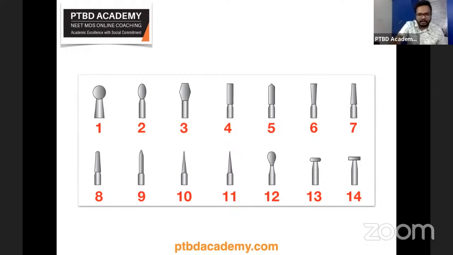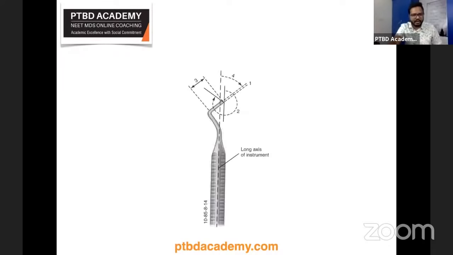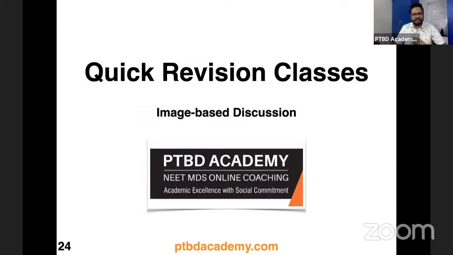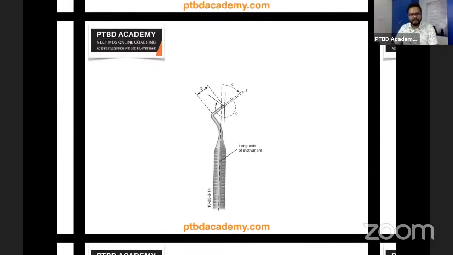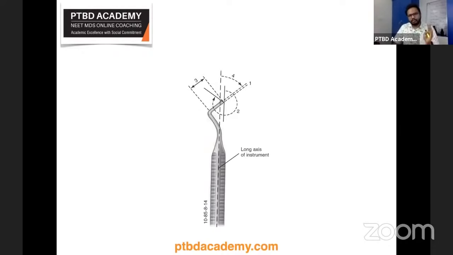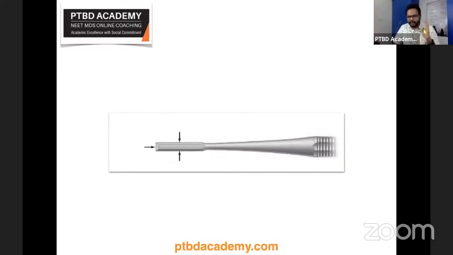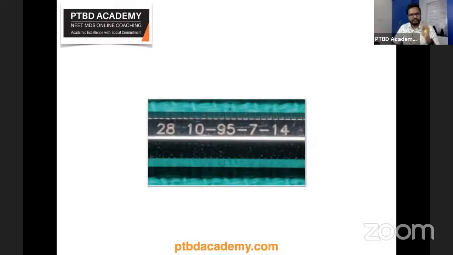So before I conclude, I'm sure you have an idea of all the instruments which we discussed. The parts of a hand instrument, various instrument formulas and what each digit or number represents, and then primary cutting edge, secondary cutting edge. If at all they ask you to identify the instrument based on the formula, as in this picture, it's a clinical image, a real image, not just an artistic or clip art kind of illustration.